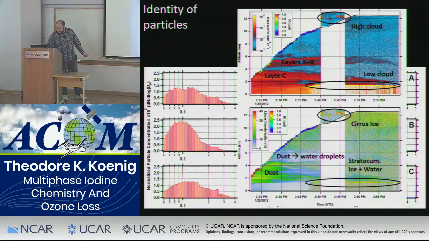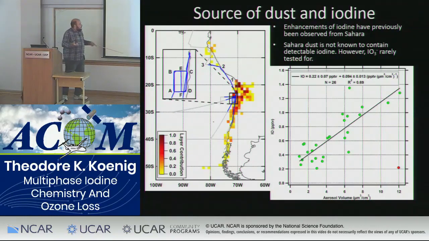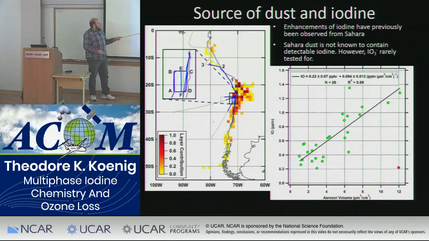So besides that dramatic example, we actually intercepted 27 events that meet a certain criterion, where IO goes up, ozone goes down, and we see a large increase in aerosol surface area.